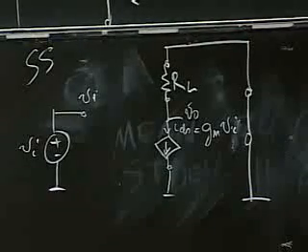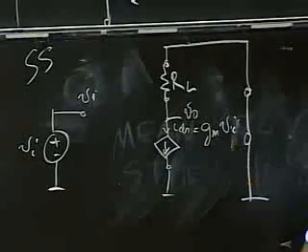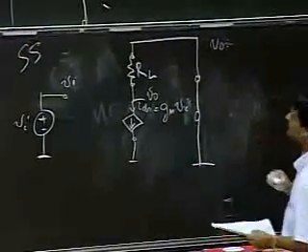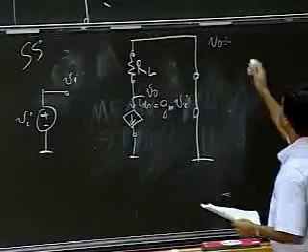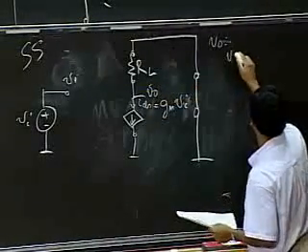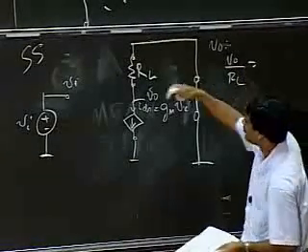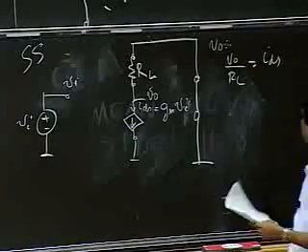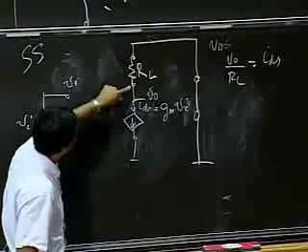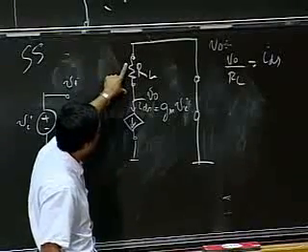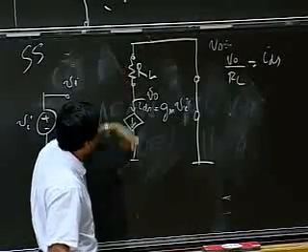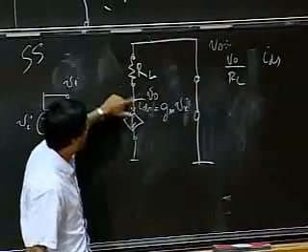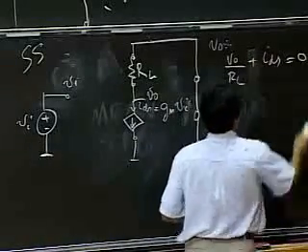So what method shall we use? Well, this is so simple, I'll just go ahead and use the node method. So applying the node method at the node with voltage vo, the current going up, vo divided by RL, equals the current going down, IDS. Actually, I should have done this: the total current going out is 0, so the sum of these two is 0.